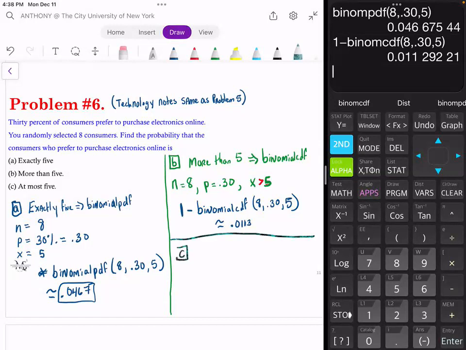And now we do part C. So for part C, we have at most 5. By the way, at most 5 is exactly what I've written above, with the exception of the 1 minus. So I will need to do a binomial CDF here.